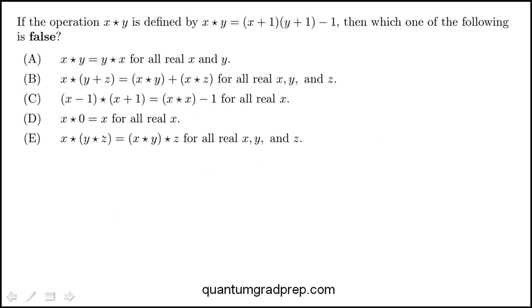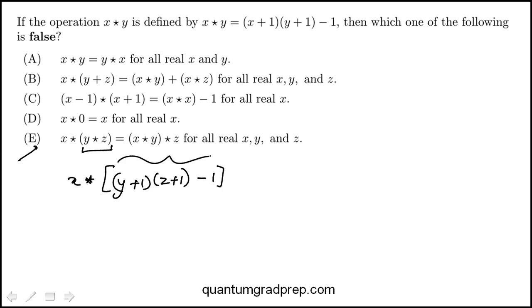And then finally, E, we have to first find y star z, which would be y plus 1, z plus 1 minus 1. And then we're doing x star this. So that this becomes our whole y.